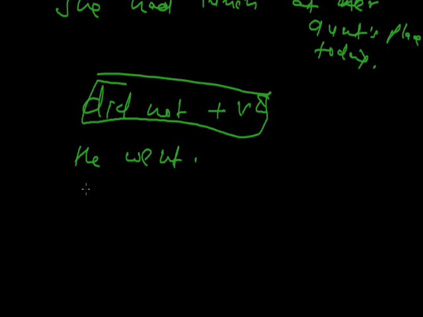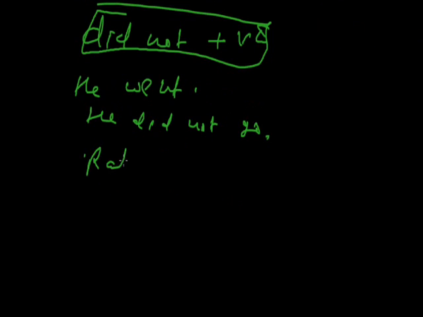So he did not go. So Rahul shouted at me. Now Rahul shouted at me is the affirmative sentence. How will we make the negative? Did not plus first form. Rahul did not shout at me.